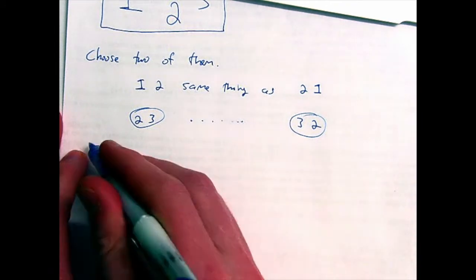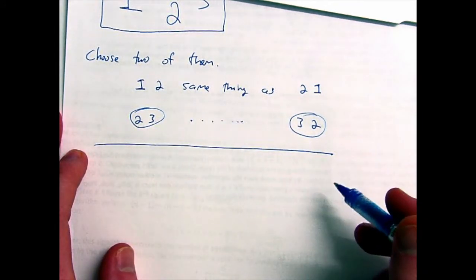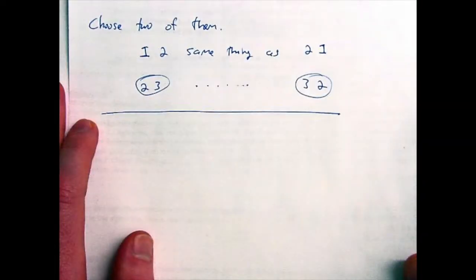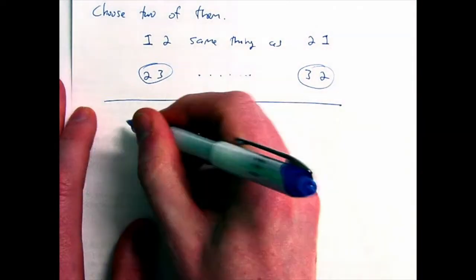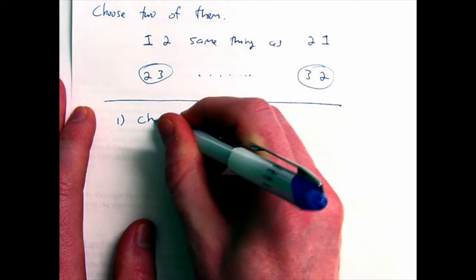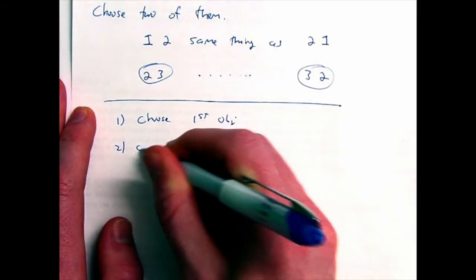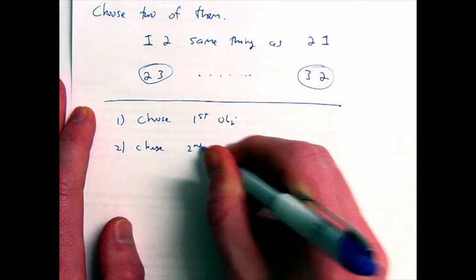It's rather tricky, because any algorithm you're likely to write down probably overcounts. One reasonable algorithm might be step 1, choose the first object, and step 2, choose the second object.